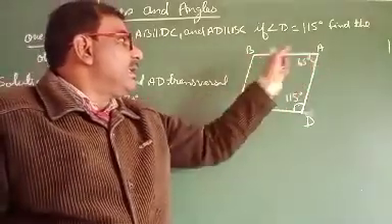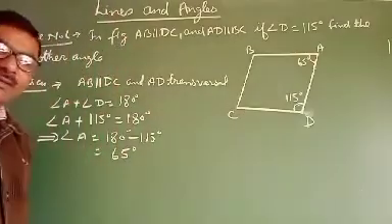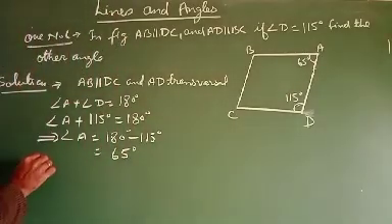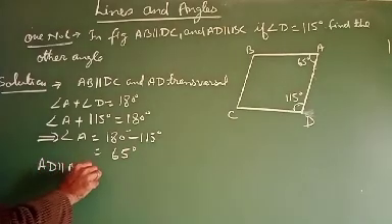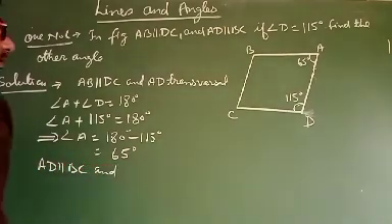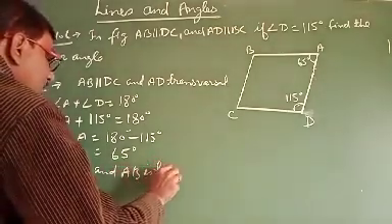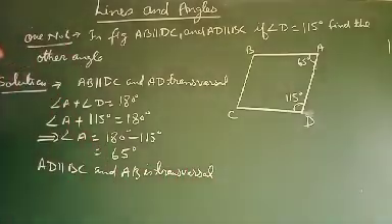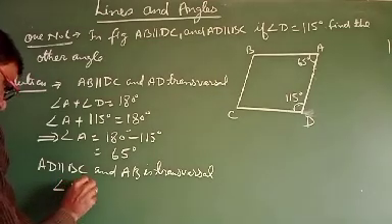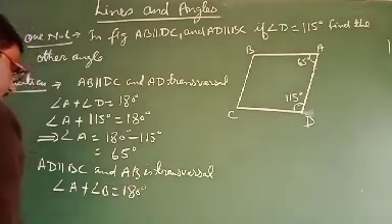Therefore, angle A and angle B will be interior angles. Therefore, angle A plus angle B equals 180 degrees.